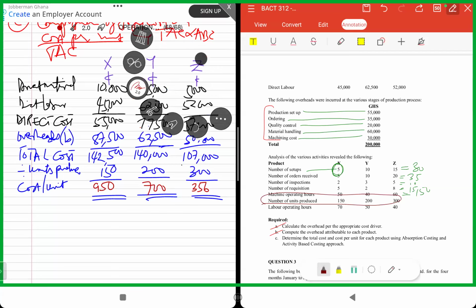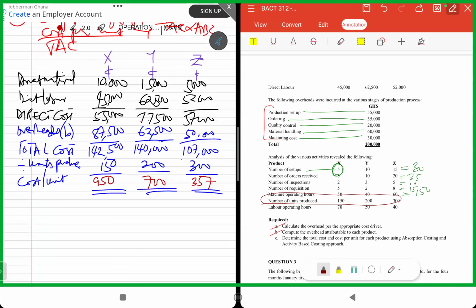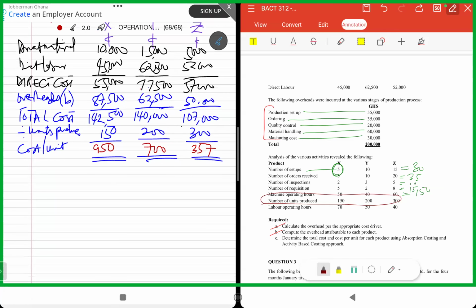So 357. That's the cost per unit. So I've solved the total cost here. I've solved the cost per unit down there. Are we good? Yes. Amy, are we good? Yeah.